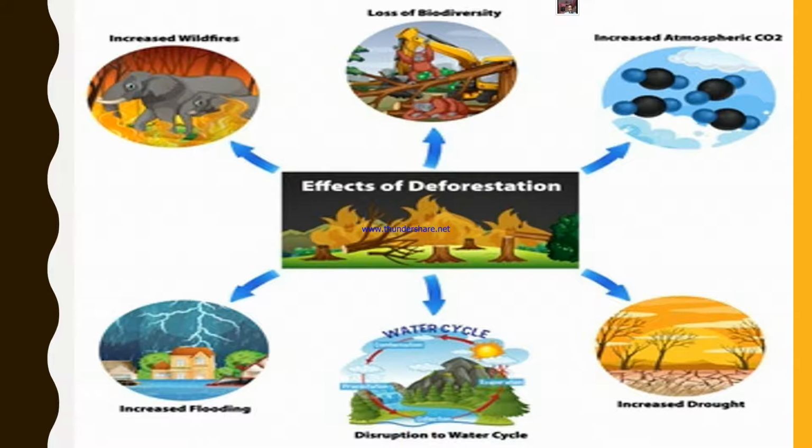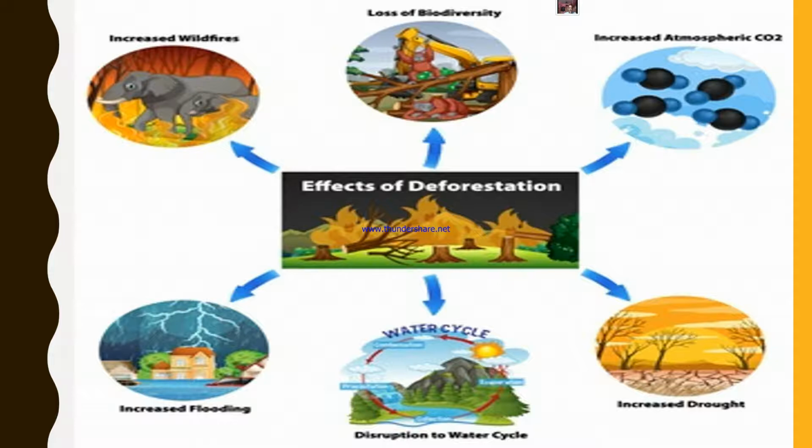In a web form, you can see effects of deforestation: increased wildfires. Look at the elephants running away. Loss of biodiversity. The environment is disturbed. Increased atmospheric carbon dioxide. When oxygen is less, carbon dioxide will become more.